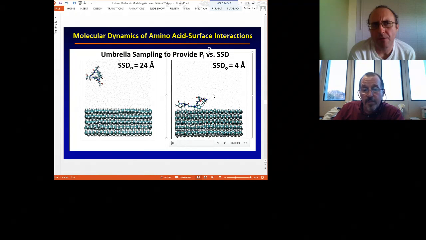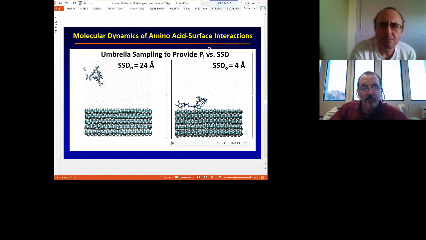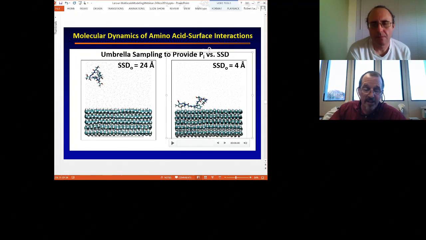We'll typically use 1 node, and we'll use 8 cores on the node. But we'll be running 24 of these in parallel, because we'll have them all separated by 1 angstrom, and we'll run 24 in parallel all at the same time. So we'll be running with 24 nodes, each with 8 cores per node.